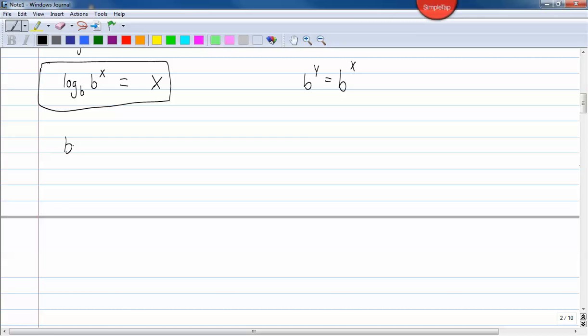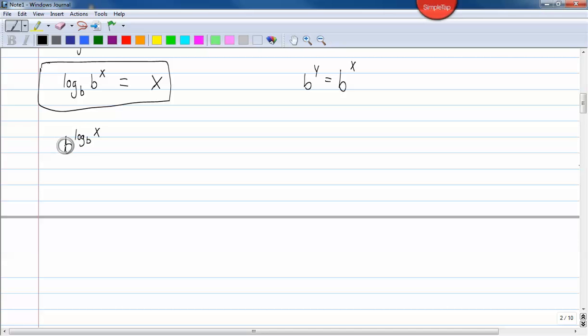The last property of logarithms is if you have a base raised to a log of that same base of x power. So these look a little strange because you have a logarithm in a power.